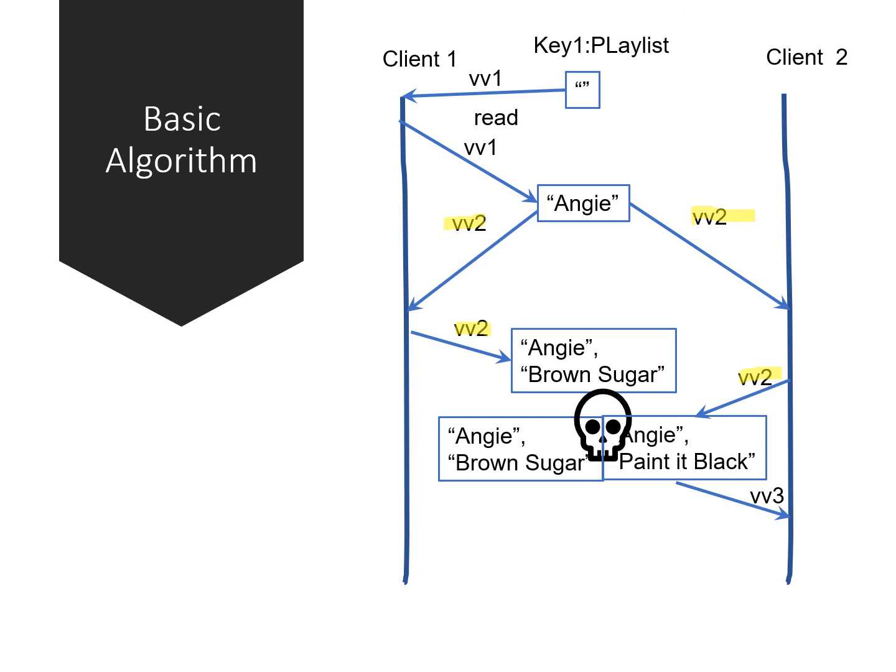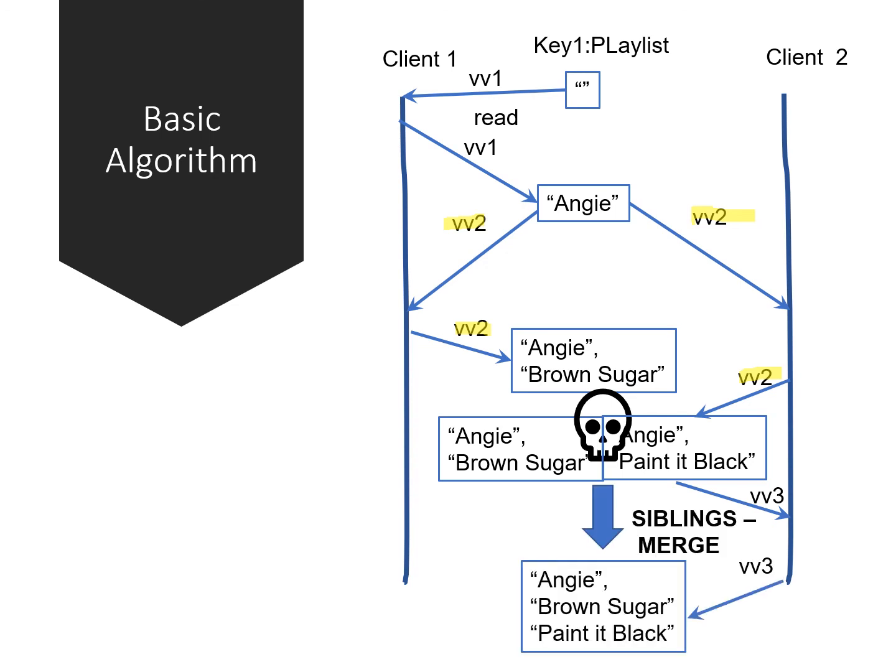So it returns from the write, it returns a new value of the version vector, and it returns both siblings. So client 2 needs to figure out how to resolve the siblings to merge the values, and it writes this back with the new version of the version vector that it read here, and the database says, oh yeah, this is now merged, we're good. We've fixed this conflict.